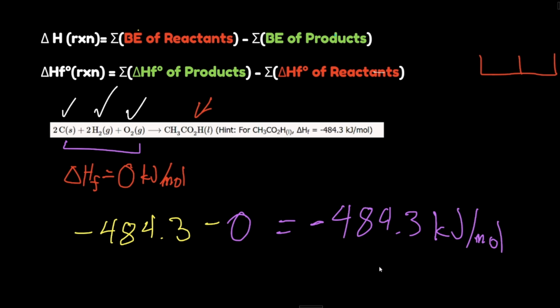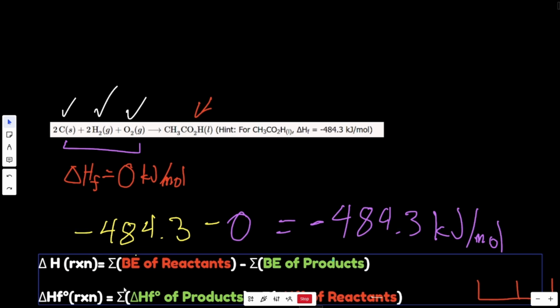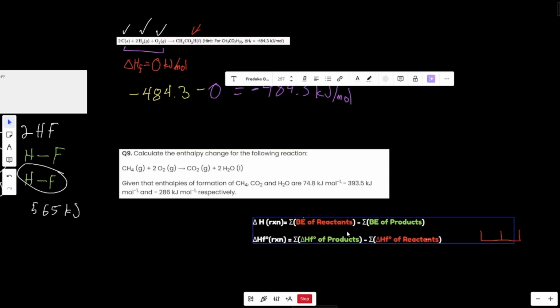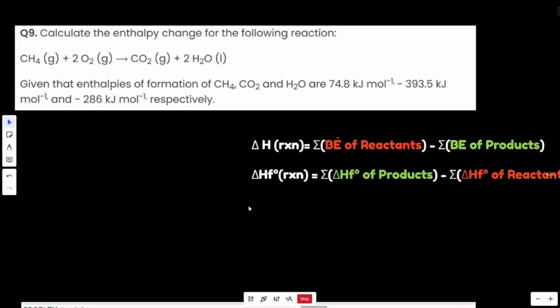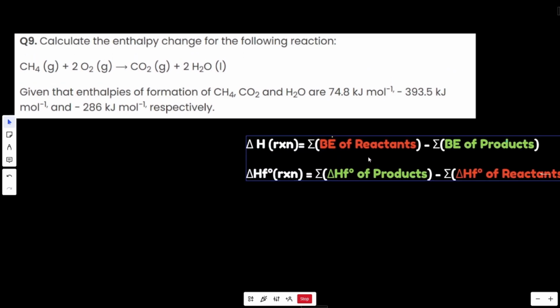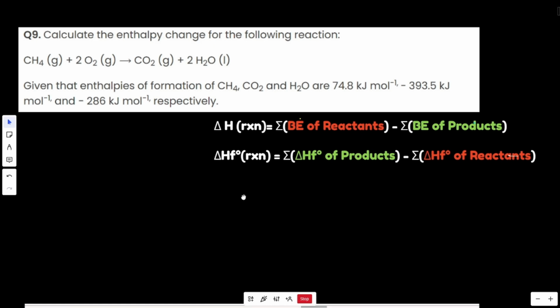Now we'll have a bit of a level up and use some Gen Chem 1 concepts to solve for the next one. Okay, so let's bring this down. Gen Chem 1 here will be used just really simply.